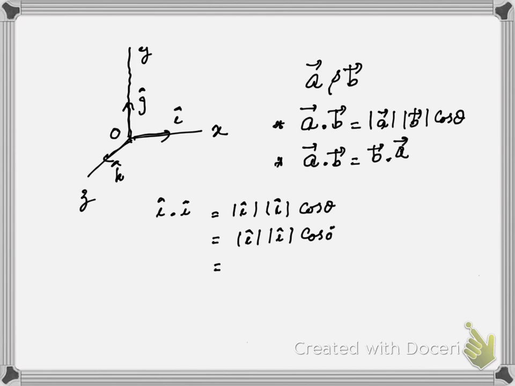Because I is a unit vector, its magnitude is 1, and cos of 0 degree is 1. So I dot I is equal to 1. Similarly, j dot j is equal to 1. K dot k is equal to 1.